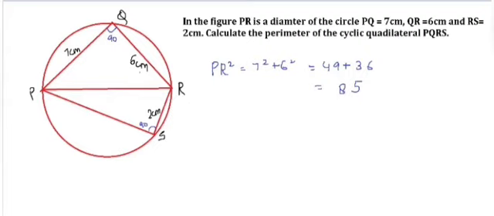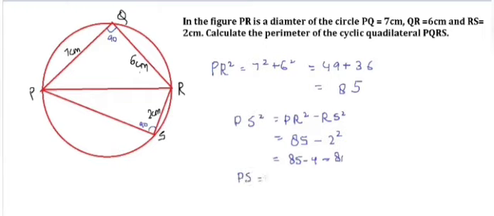Now I can find out PS square also. PS square will be PR square minus RS square. So PS square, we have calculated PR square, that is 85, and RS square will be 2 square, so we can write 85 minus 4, that is 81, so PS will be the square root of 81, that is 9 centimeters. Now we can find out the perimeter of the cyclic quadrilateral.